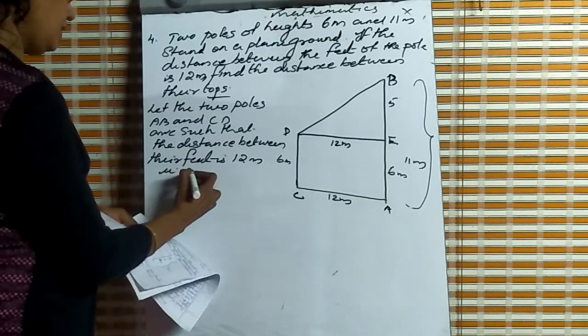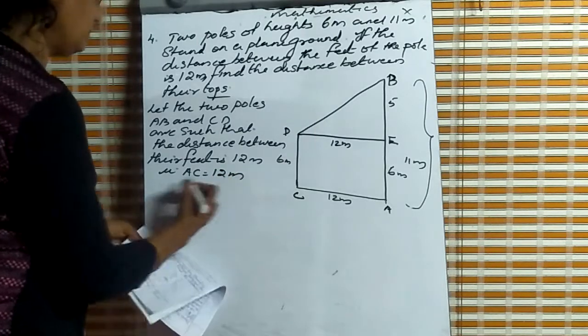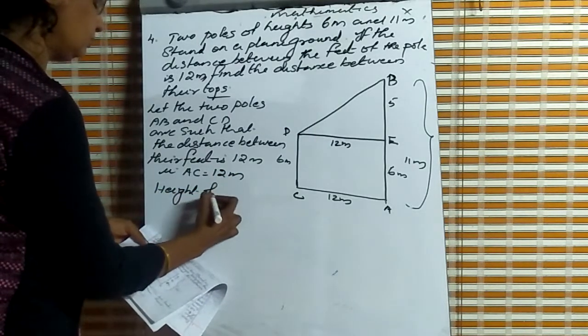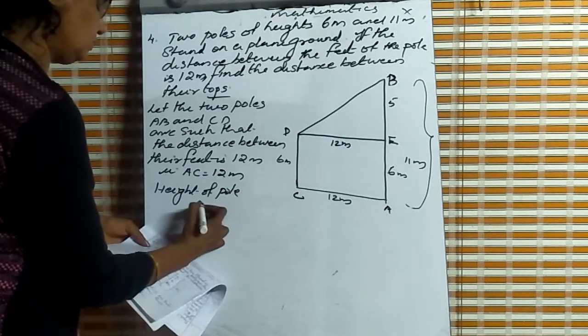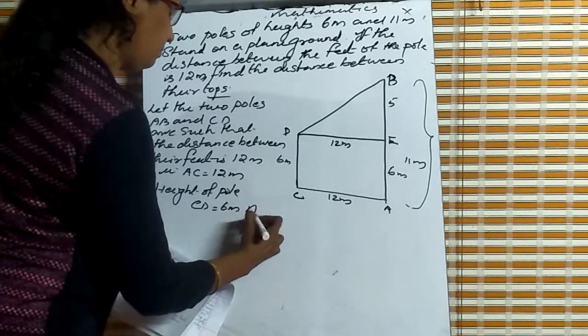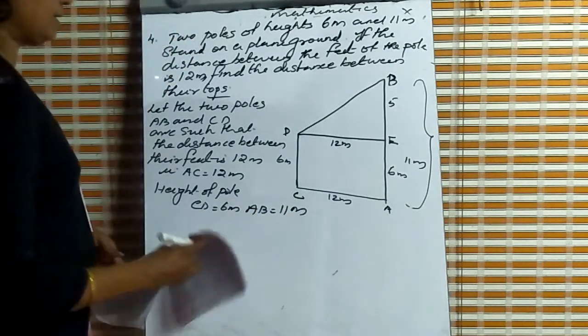That is, AC is equal to 12 meter, height of pole CD is equal to 6 meter and AB is equal to 11 meter.